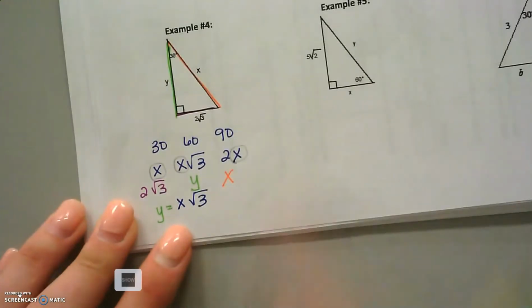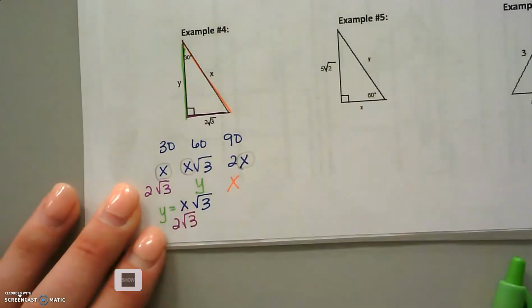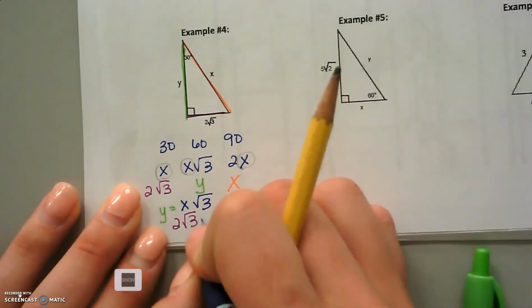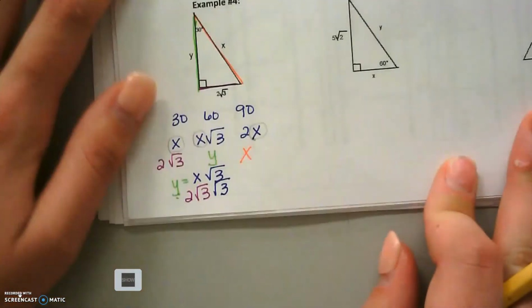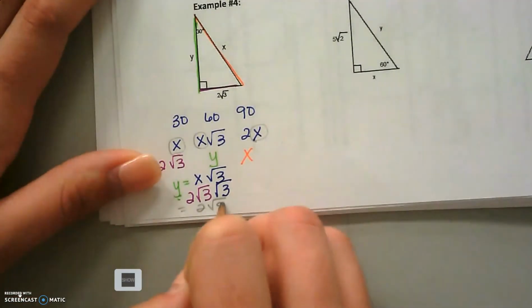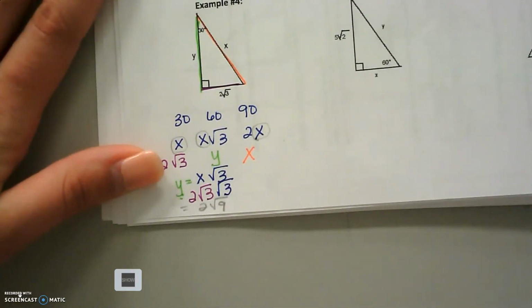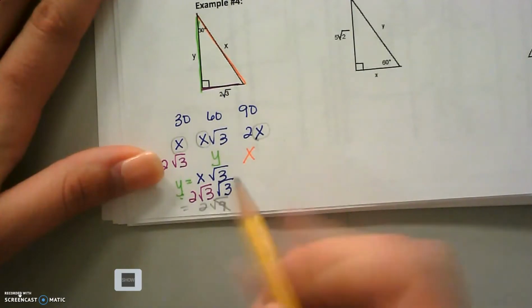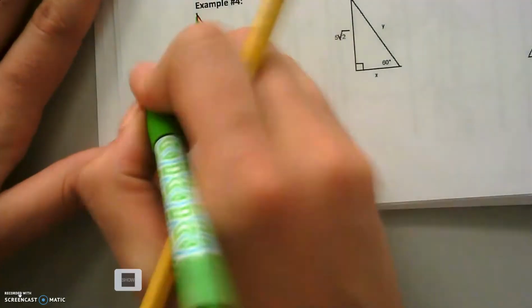So for that x, I'm going to substitute in 2 square roots of 3, and that's going to be multiplied by the square root of 3. So what should that give us? If we follow those radical expression rules, that should give us 2 square roots of 9. But what's the square root of 9? 3. So when I take that square root and I bring it out here, I am multiplying. So y is equal to 6.